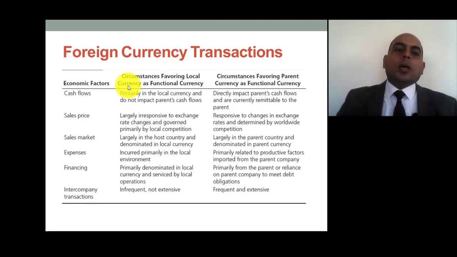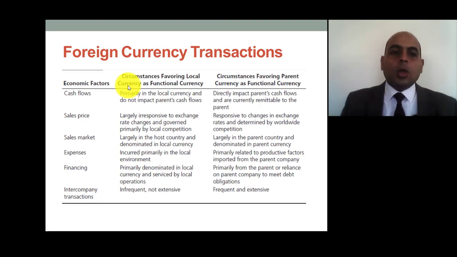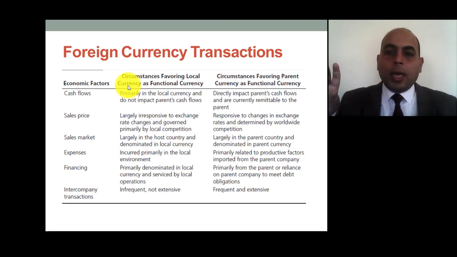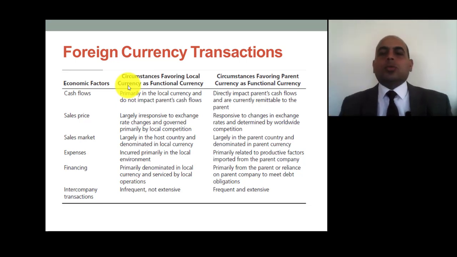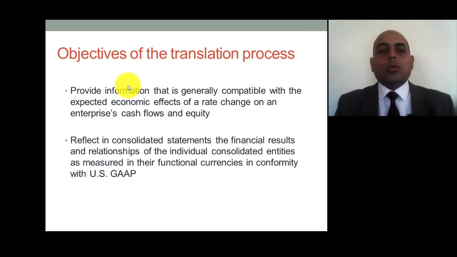Otherwise, if the sales price is responsive to changes in the exchange rate, or where the cash flow impacts parent's cash flow, under these circumstances, we are in favor to choose parent currency as functional currency. Functional currency is the currency we use to record our transactions and to prepare our financial statement.